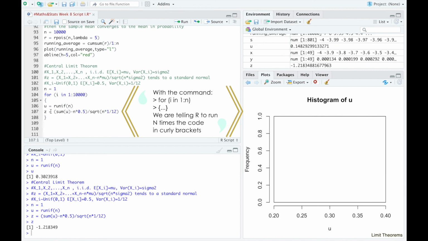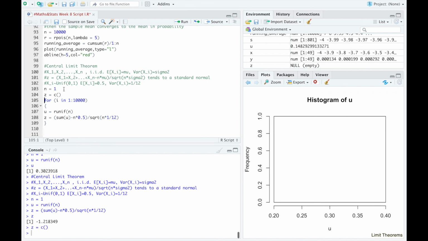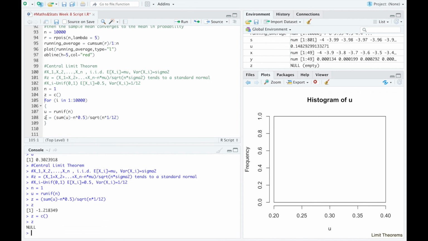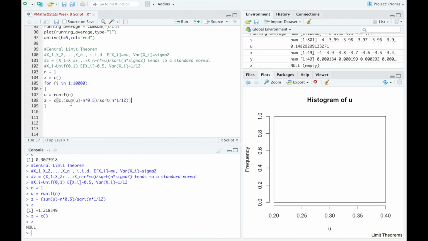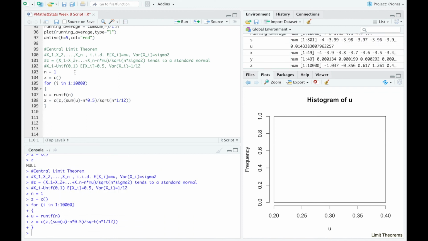However, I want to keep recording each of these samples. So the initial z will be empty. With this command, we define an empty vector, and every time we will concatenate z and add a new z here. Great. So let's try this and see what we get.